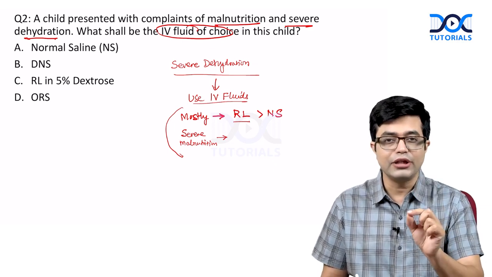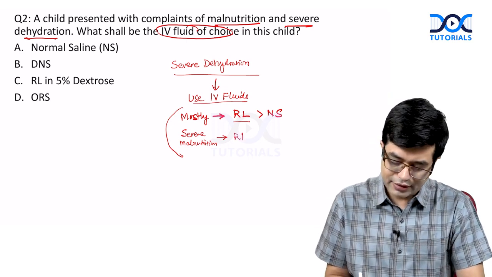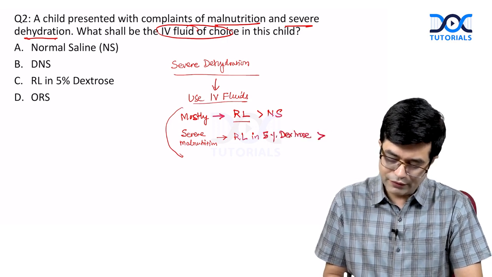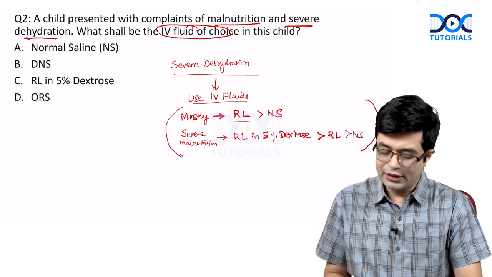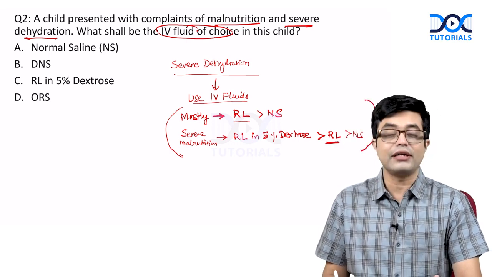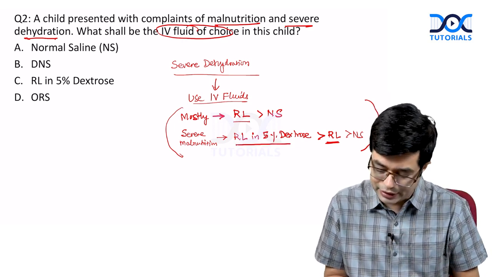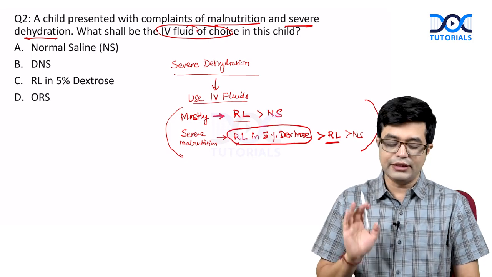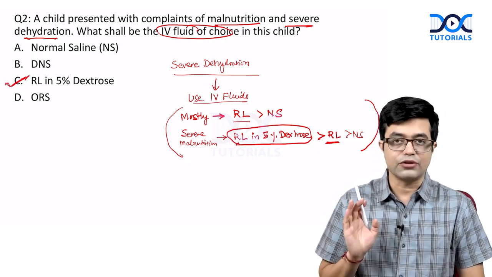Hypoglycemia is a complication, and so a specialized fluid is used, what you call ringer lactate in 5% dextrose. That is the best fluid. If that is not possible, then you will go for ringer lactate followed by normal saline. Remember that if you are using ringer lactate alone in them, there is a chance of hypoglycemia. And so this is the fluid that will be preferred in these individuals. So the answer to this question is ringer lactate in 5% dextrose.